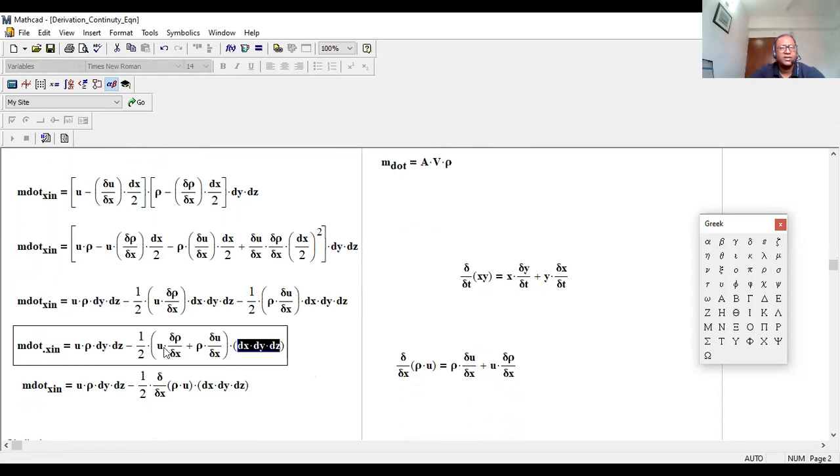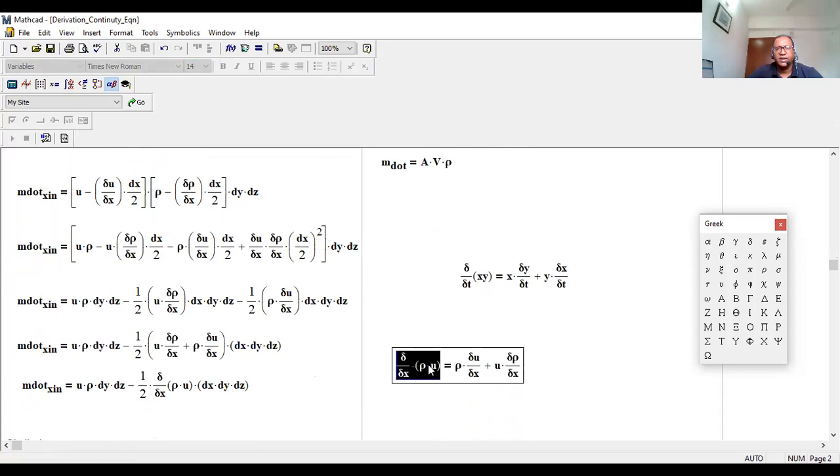So inside, u del rho by del x and rho del u by del x. So if we look, this term is actually equal to del by del x of rho u.